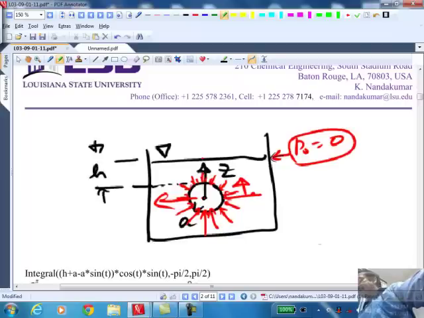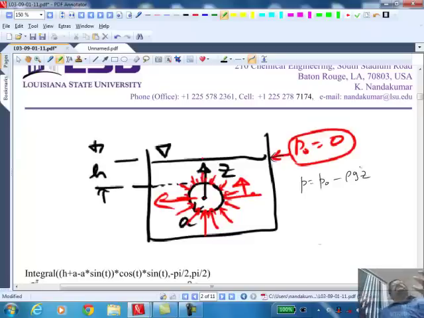So I know that P is equal to P0 minus rho g z. That is in general the pressure variation. Now I need to find out what this P0 is in this case. For example, if I start measuring the distance from the reference point, that is put Z equals H plus A, what should P be equal to?